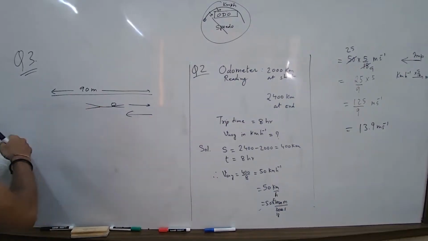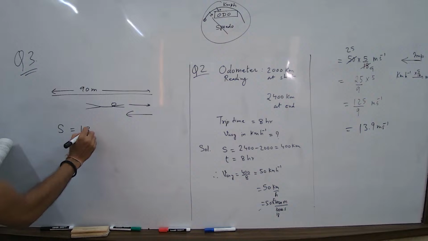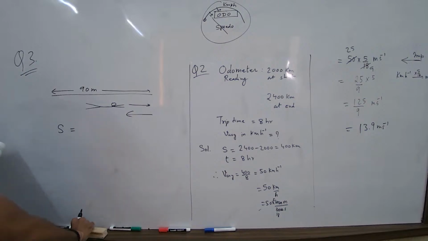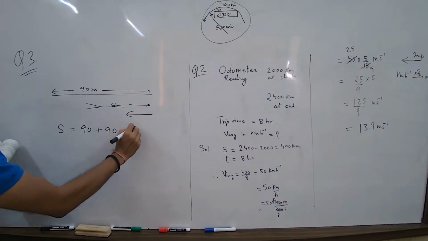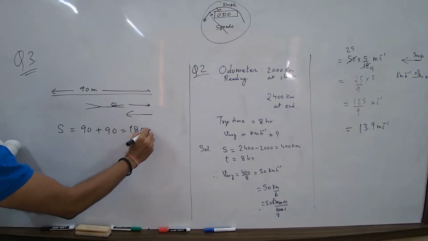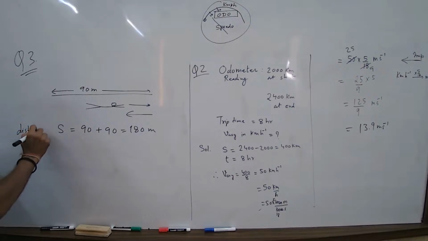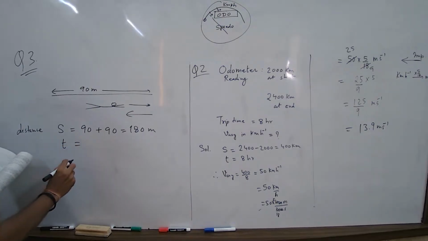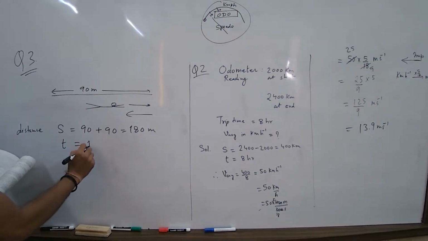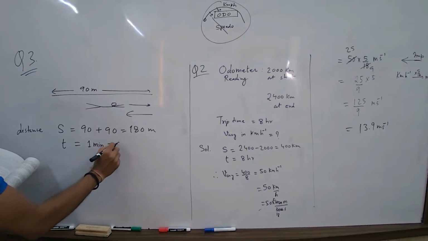Obviously 90 plus 90 is 180. S is equal to 180. So this is the distance in one round trip, and the time taken for the trip is 1 minute. So this means 60 seconds.